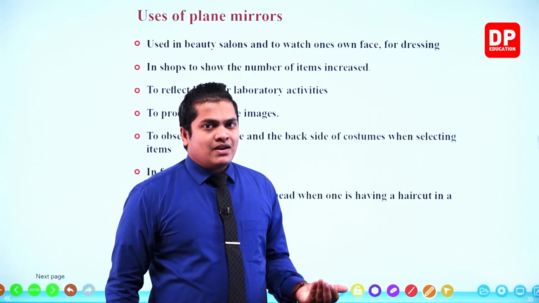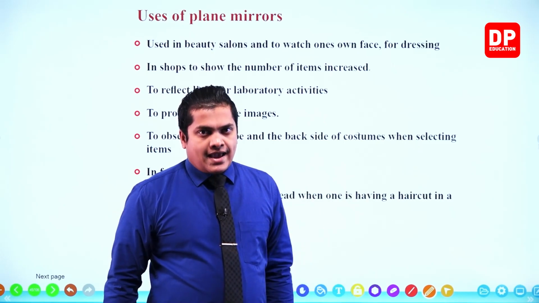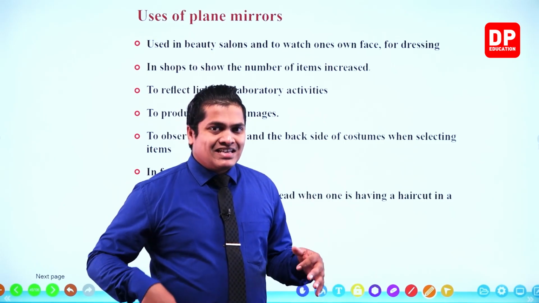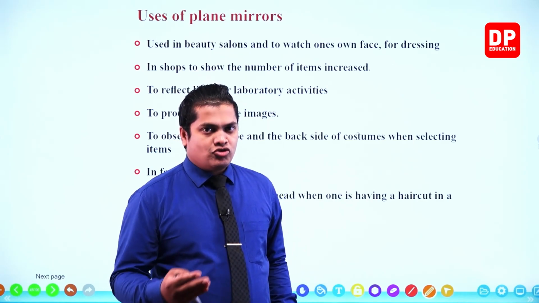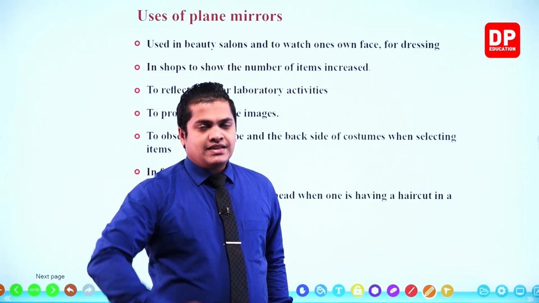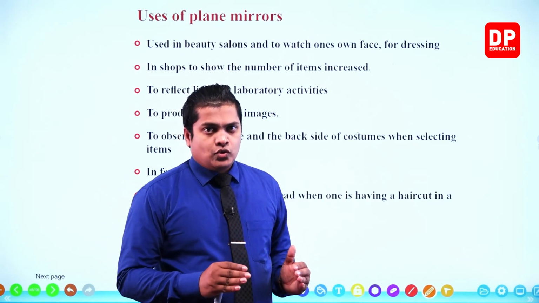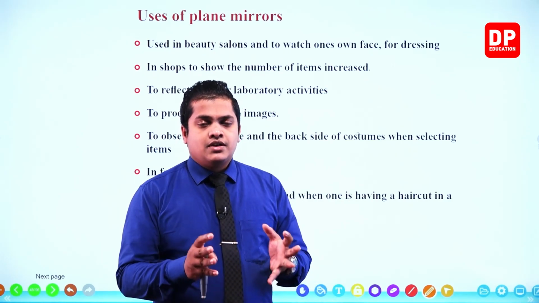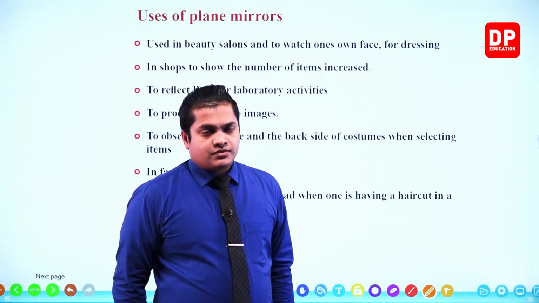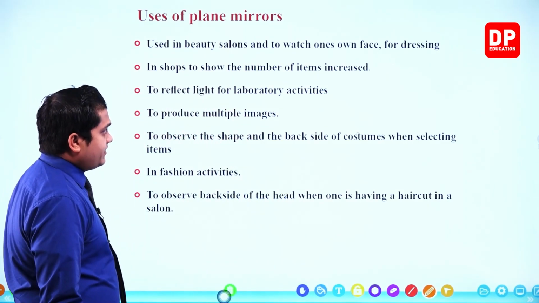So we can get multiple images by placing 2 plane mirrors at certain angles. When you increase the number of plane mirrors, we can also increase the number of images created. That way, we can get an enhanced look for a certain fruit stall, supermarket, or jewelry shop.